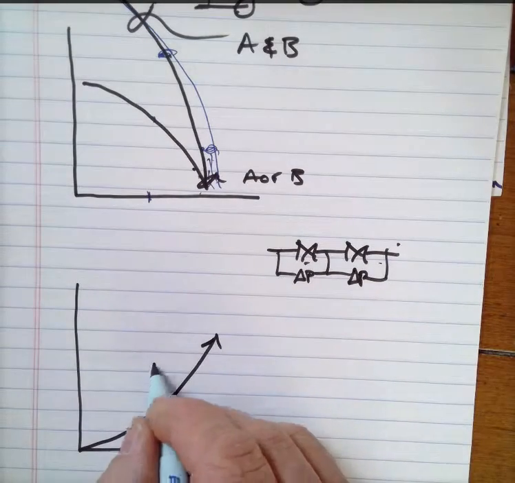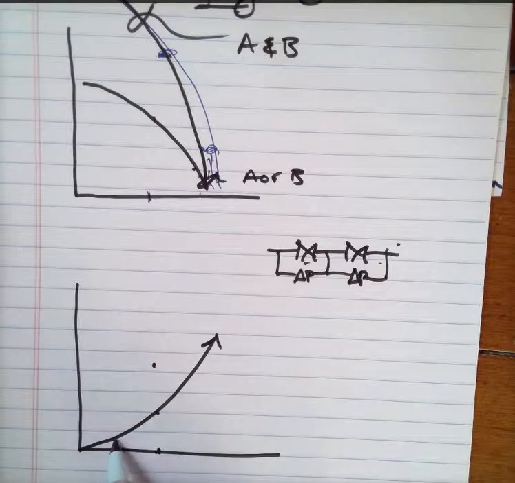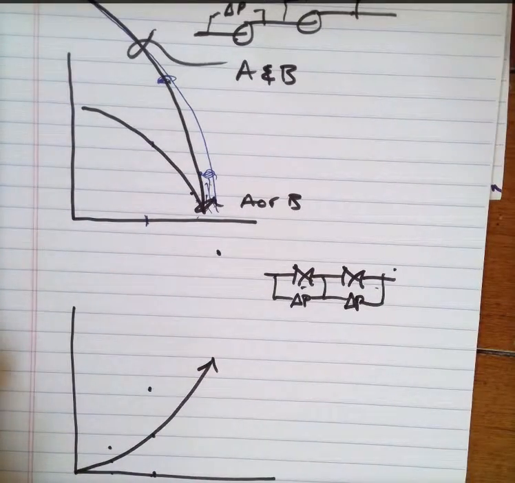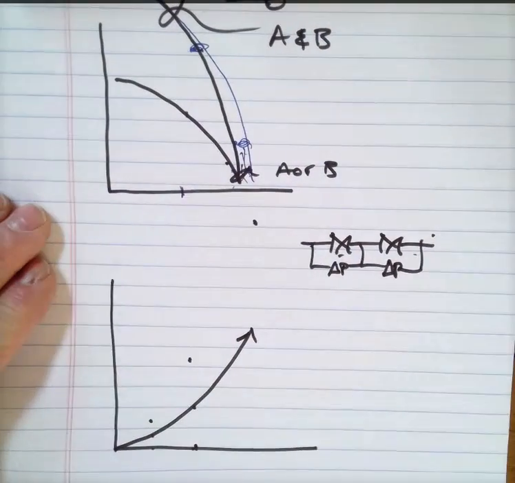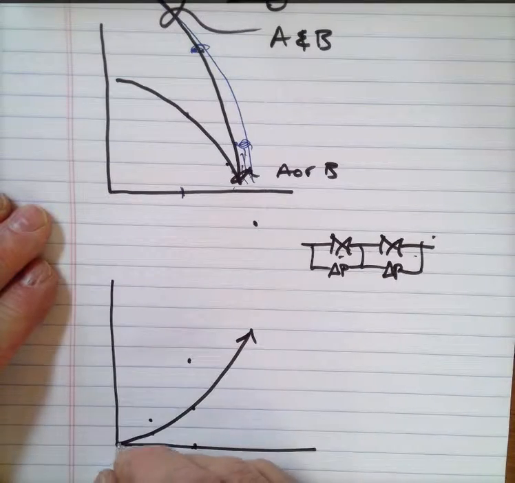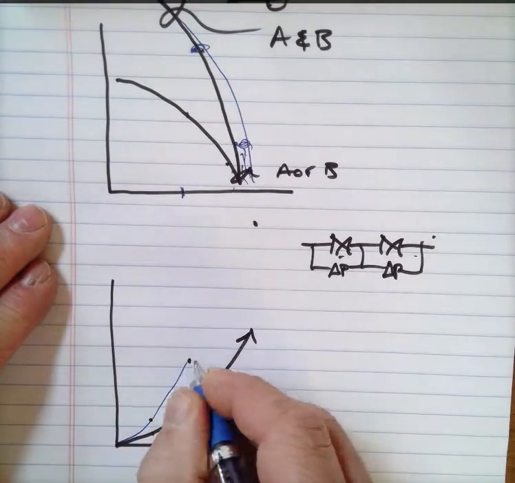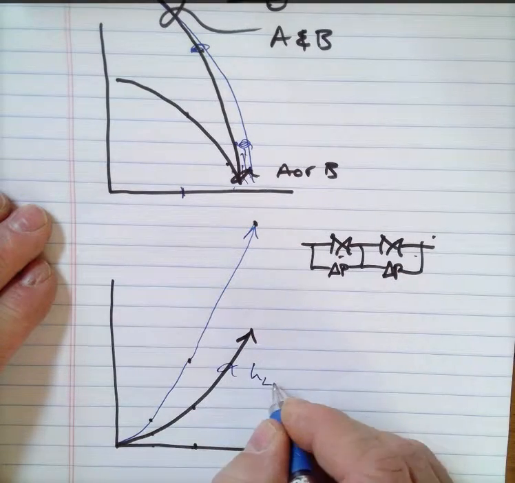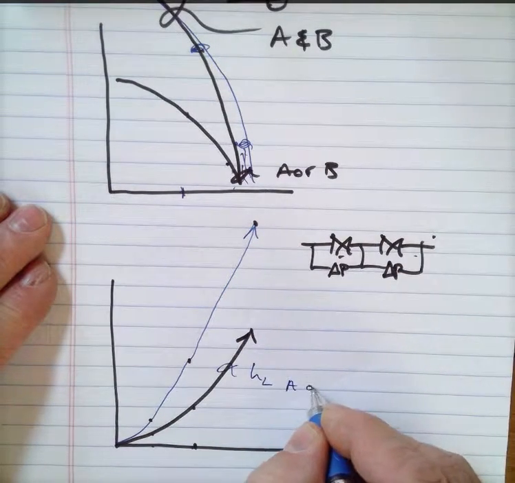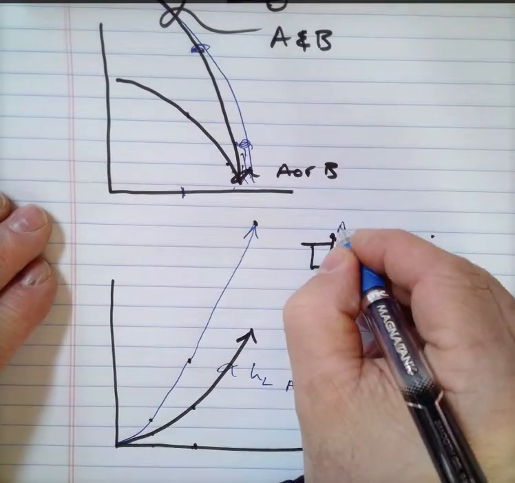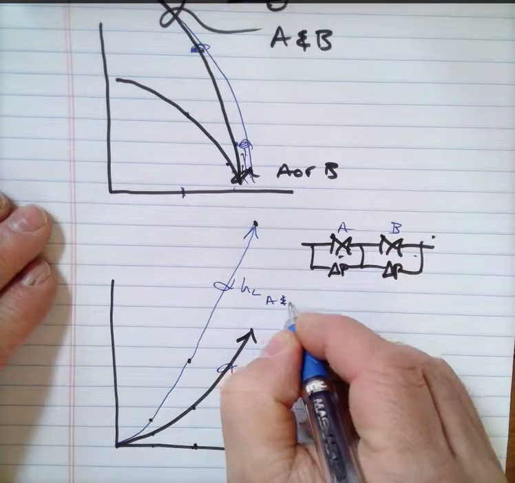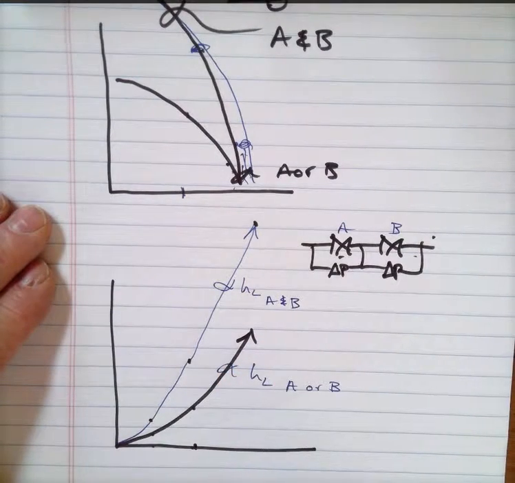For a given flow rate, twice as much head loss. If this is the head loss for A or B, this would be the head loss for A in series with B.